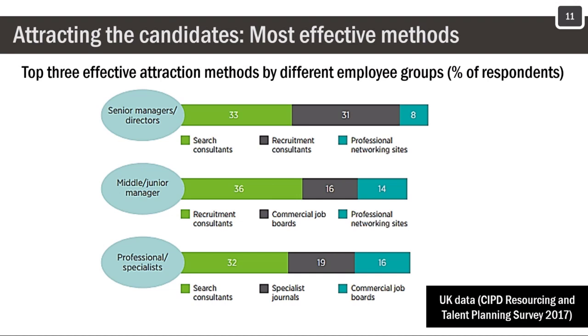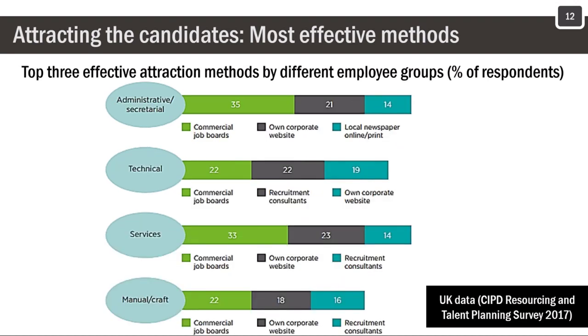For attracting senior managers, directors, middle and junior managers, and professional specialists, the most effective are search and recruitment consultants. Now, for attracting all other employee groups, that is administrative, technical, service and manual workers, the most effective are commercial job boards.